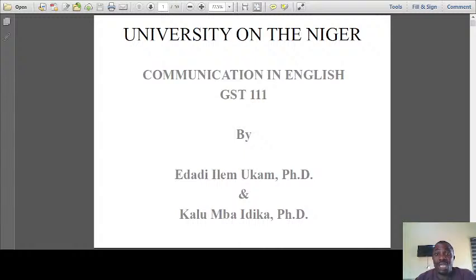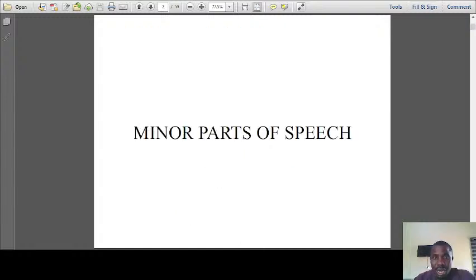We also differentiate between the 2 types of part of speech. We said one is minor part of speech and the other one is major part of speech. And we went further to discuss the major part of speech, which is noun, verb, adjectives, and adverbs.